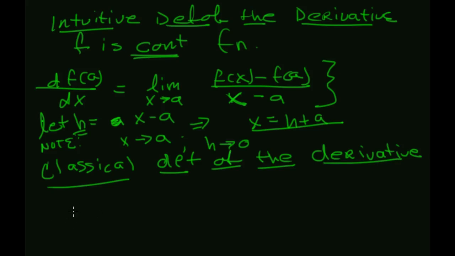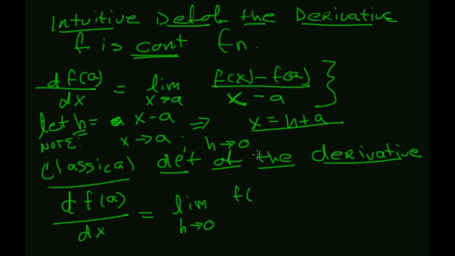Okay, so this means that the derivative of f at a with respect to x is equal to the limit as x, wait a minute, we're not x anymore. x approaches a is now going to be replaced with h approaches 0.